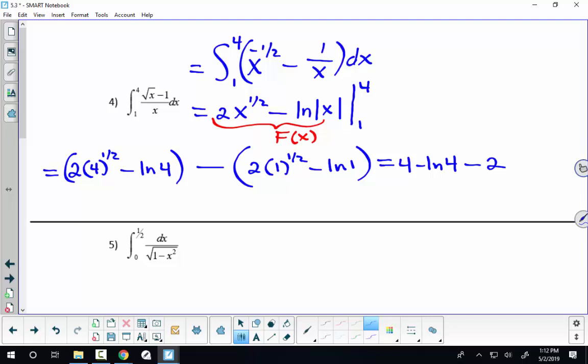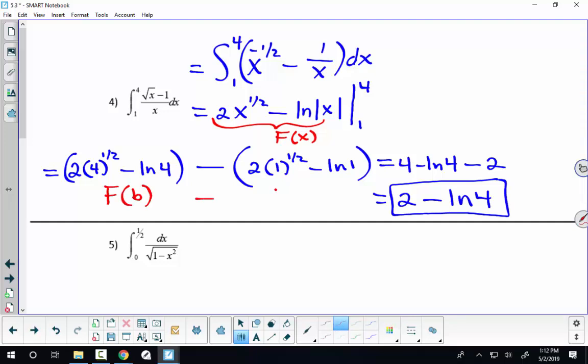So that 4 minus 2 minus ln 4 is the exact area, or the exact net area. Questions on that?